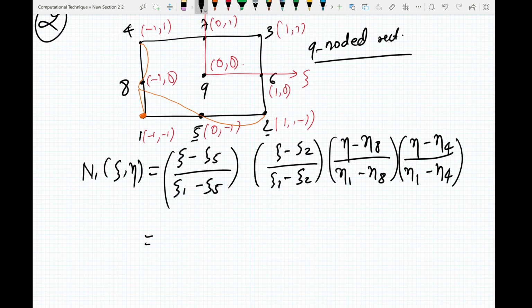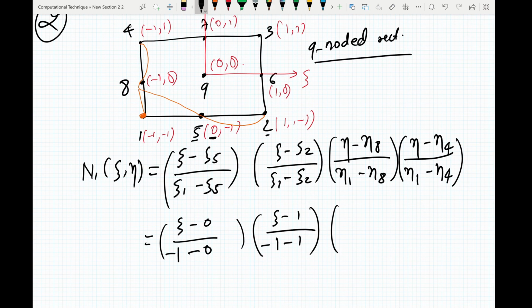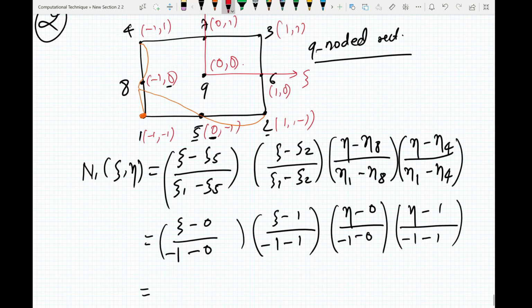Now you can plug in the values here. So what you get is xi minus xi5, where xi5 is 0, divided by xi1, which is minus 1, minus xi5, which is 0. Then xi minus xi2, where xi2 is 1, divided by xi1 minus xi2, so minus 1 minus 1. Then eta minus eta8, where eta8 is 0, divided by eta1, which is minus 1, minus 0, and eta minus 1 divided by minus 1 minus 1.